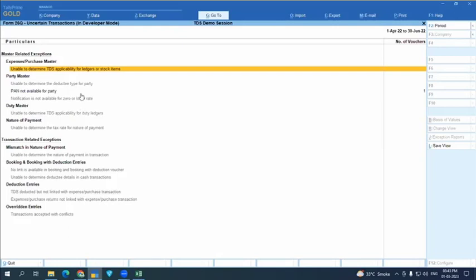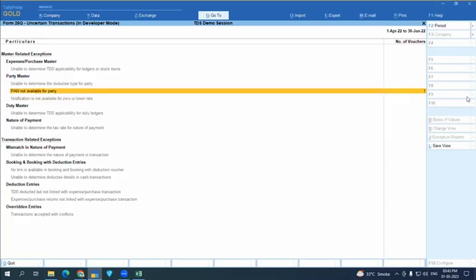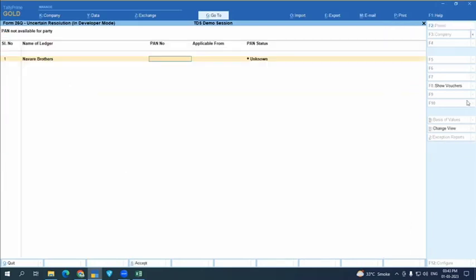That error is showing two types of errors: first, master related, second, transaction related. Which error currently occurred in your 26Q is bold. See, all are inactive, but this one is bold and the number of vouchers is 1. Enter. So Tally is telling me that Namre Brothers does not have PAN. Why not?